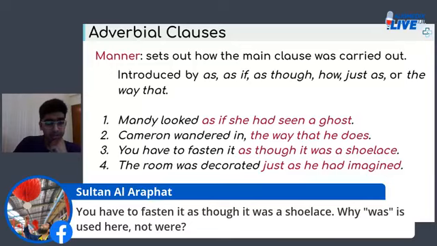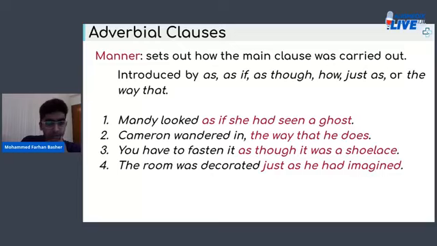We don't really know what they're talking about. Why are you suggesting that it should have been were and not was? Let me know that first, and then I'll try answering this query.